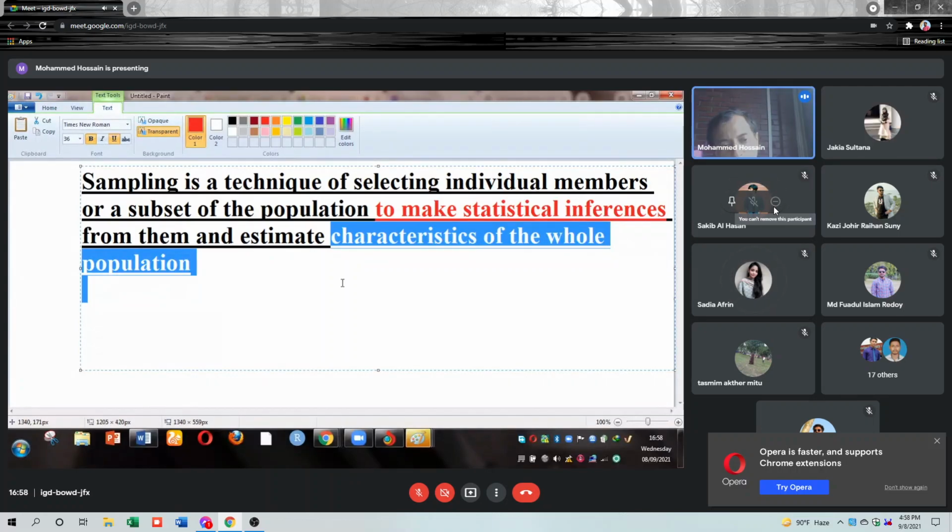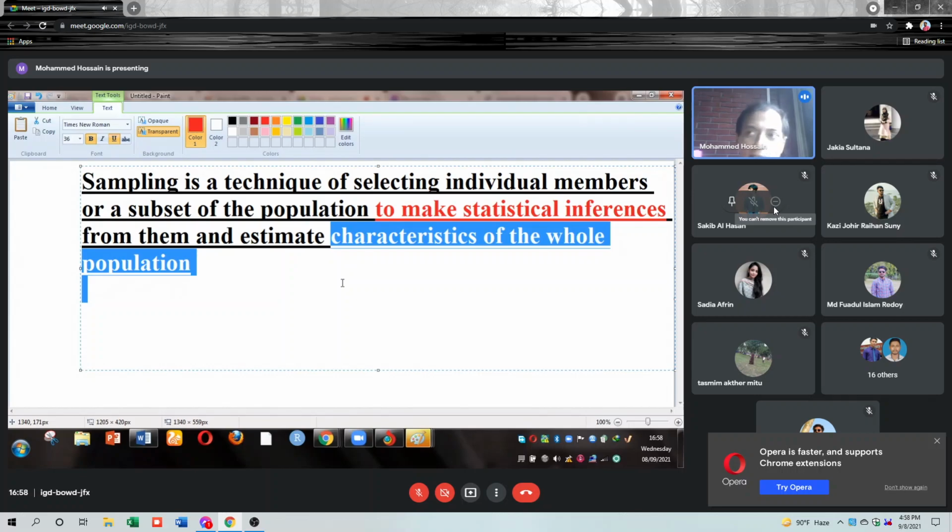So after selecting these 34 primary schools, or these students, or the voters, or bridges, canals, buildings, hospitals, universities, areas, your ultimate goal is to make statistical inference and estimate the characteristics of the population, or parameters.